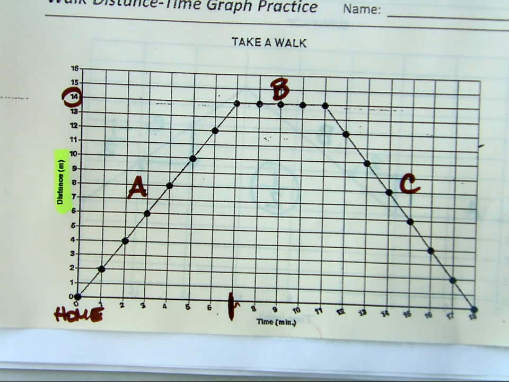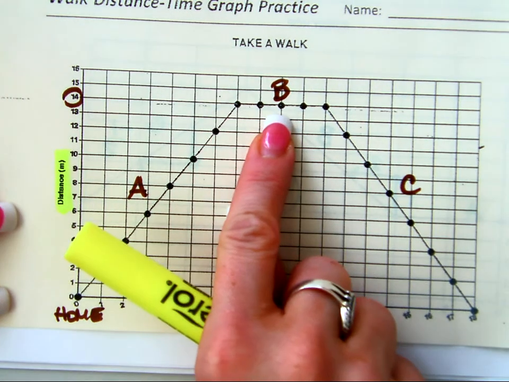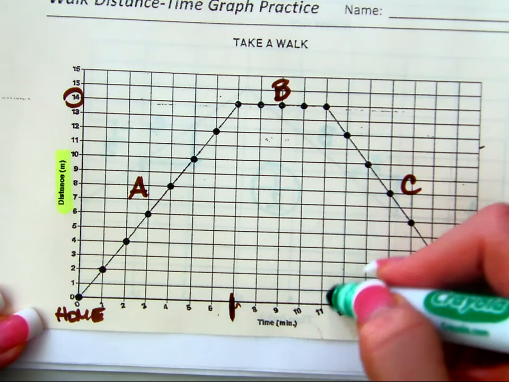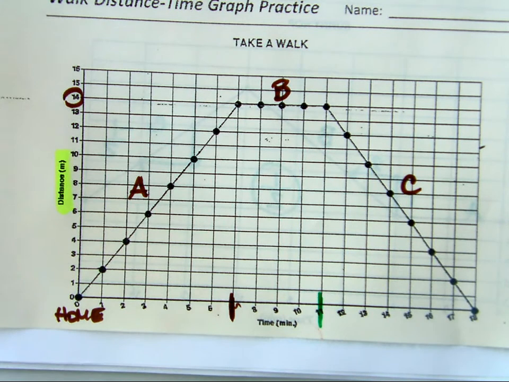Nothing. You're not moving. You are standing still as a statue. Your distance is not changing. So this could mean, how many minutes are you somewhere? So it's from minute 7 to 11. So for 4 minutes, maybe you forgot something at your friend's house and your parents had to drive you there. You got it. And then what happens after that?